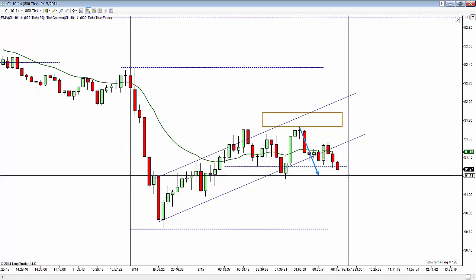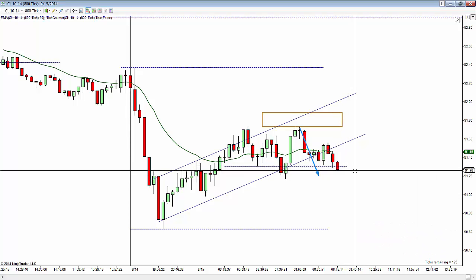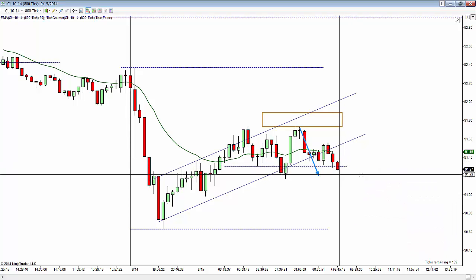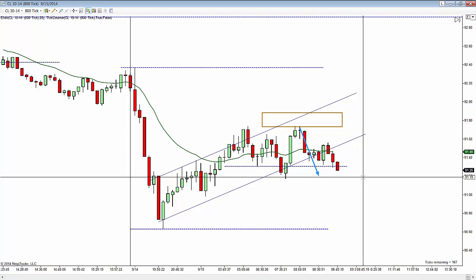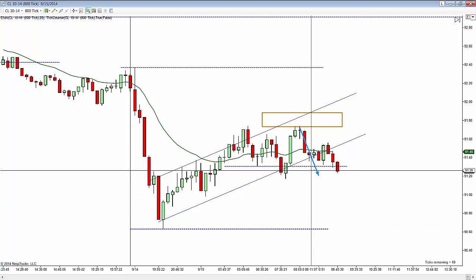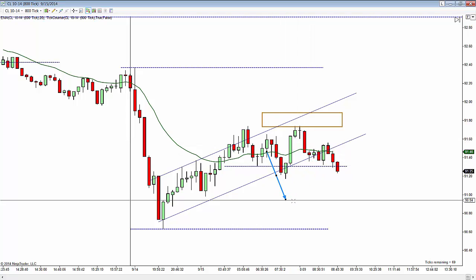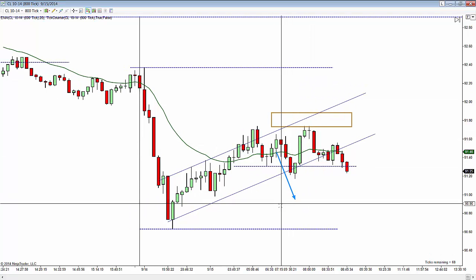So if it turns out to be a tight trading range, you want to fade this area, but of course get in early and try to limit in. It's 15 minutes to the open. We'll have to see what direction the market is going to be as we get closer to the open. So we're just sitting on our hands for now to determine what type of day we can expect.